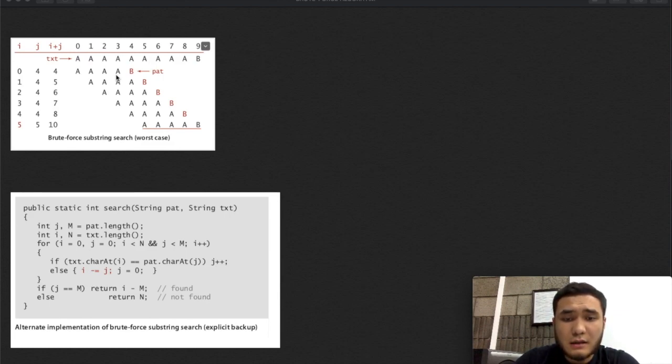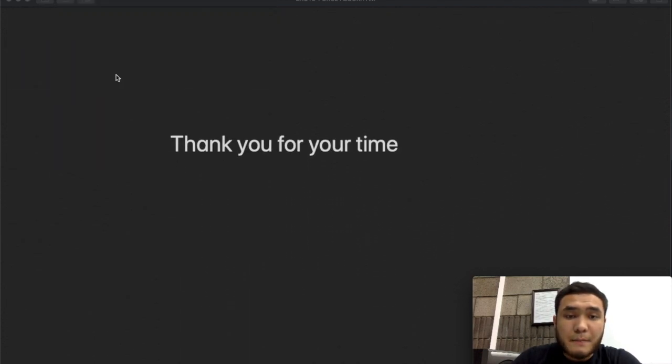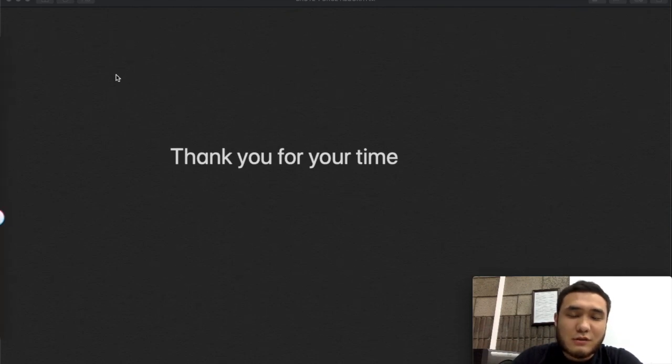If i and j point to mismatching characters, then we back up both pointers: j to point to the beginning of the pattern and i to correspond to moving the pattern to the right by one position for matching against the text.